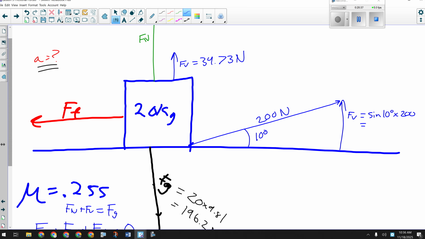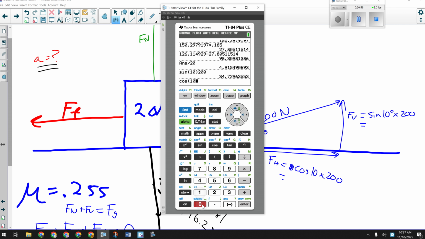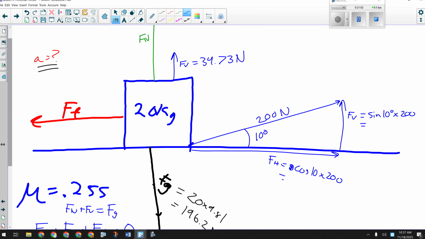So I should calculate at this point that horizontal component as well. So that'll be the cos of 10 times 200. All right, so that's 196.96.